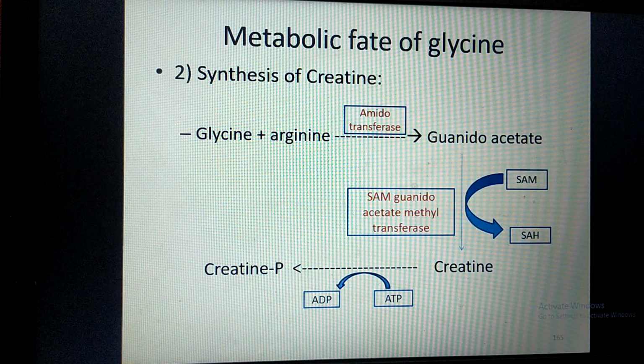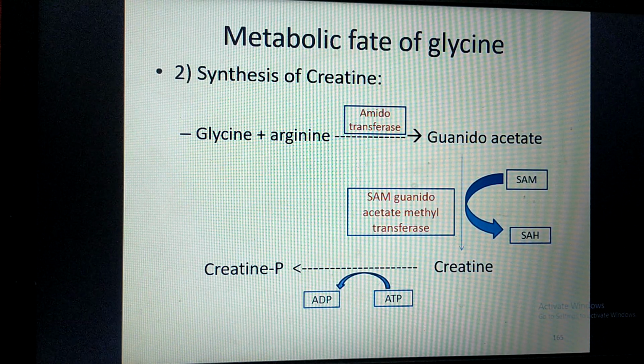Whenever the body needs sudden energy during exercise or running, at that time the reverse reaction will take place. Creatine phosphate donates its phosphate group to ADP to form ATP, and this ATP is later on utilized by the muscles.